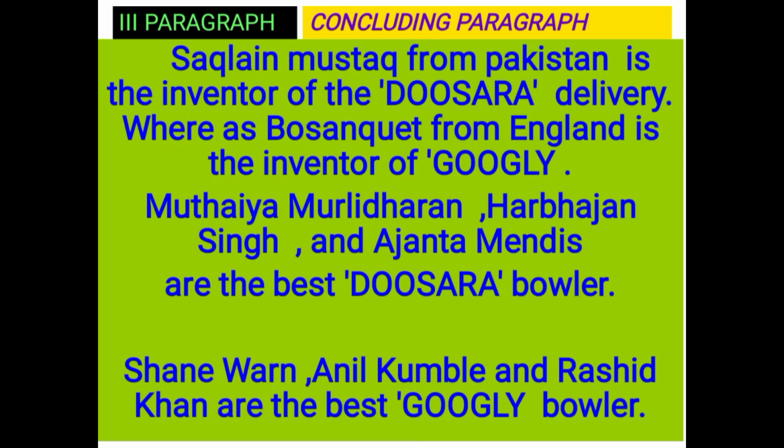Saqlain Mushtaq from Pakistan is the inventor of the Dusra delivery, whereas Bosanquet from England is the inventor of the Googly. Muttiah Muralitharan, Harbhajan Singh and Ajantha Mendis are the best Dusra bowlers. Shane Warne, Anil Kumble and Rashid Khan are the best Googly bowlers. Okay, here I have concluded my blog.